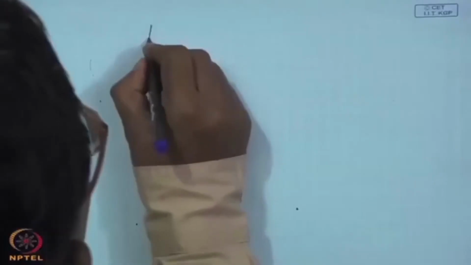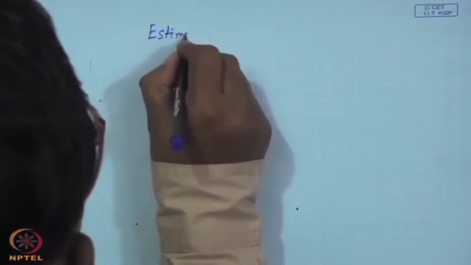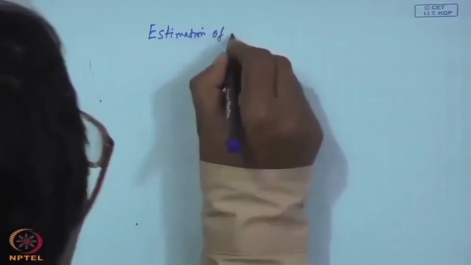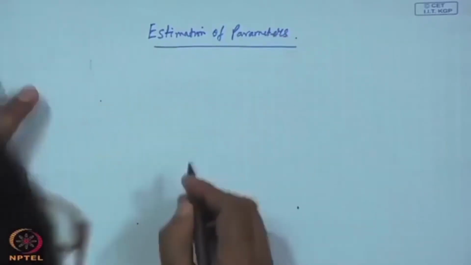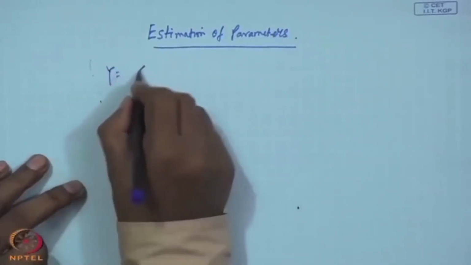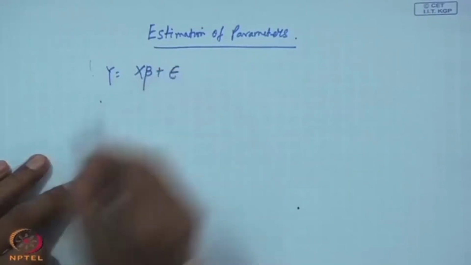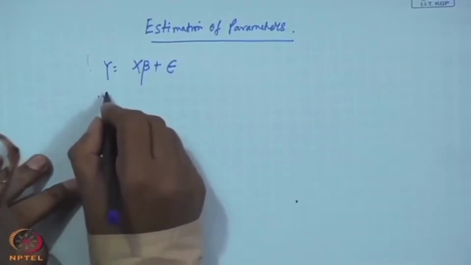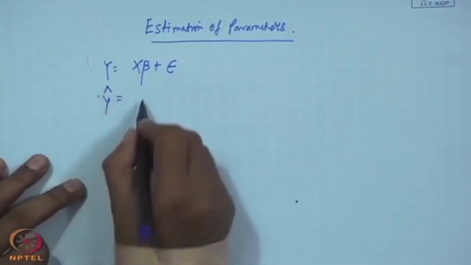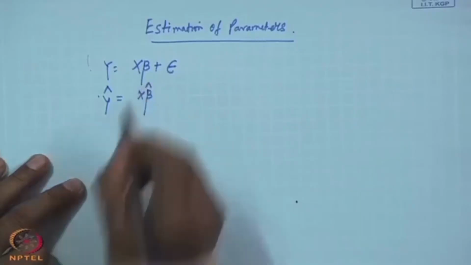I think this estimation of parameters we will complete this session by describing. So our equation is y is x beta plus epsilon, and if we estimate, we say y cap equal to x beta cap.